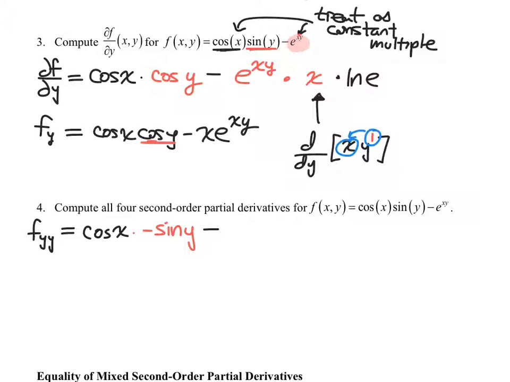So minus x as a constant multiple, rewrite e to the xy as is, multiplied by the derivative of the exponent. Right? So derivative of the exponent, again, is just like we did before, is just going to be x. And then the natural log multiplied by the natural log of the base, ln of e, which immediately, again, cancels out.